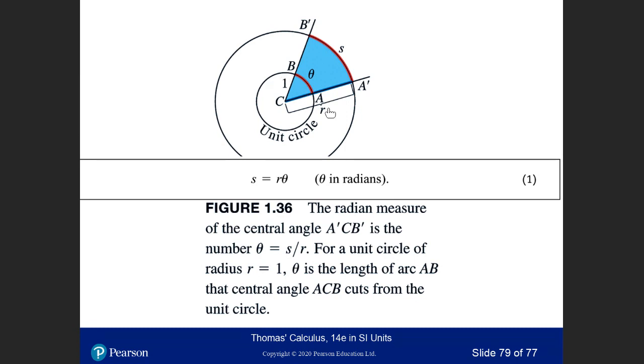But when R is greater than that, theta is S over R. The length of a circle is 2 pi R. You start from here and you go around 2 pi R. That's theta equal to 2 pi. 2 pi R is S, the whole length of the circle.